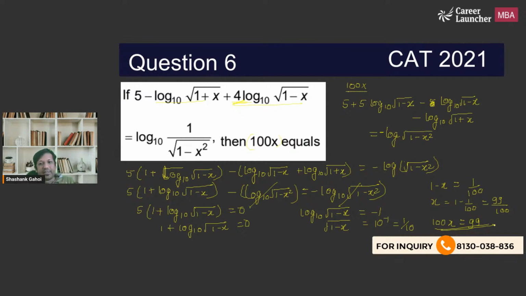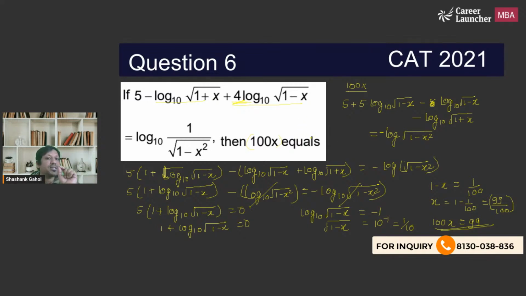I'm getting everything. Now, what is the problem you might get? That 99 upon 100. A lot of times when people get the value as 99 upon 100, they think their answer should be 0.99. I am saying it is definitely going to be wrong, because this question does not have any option.